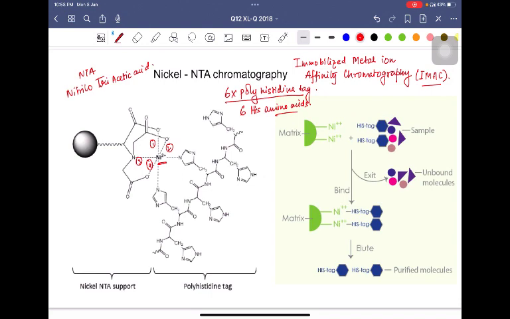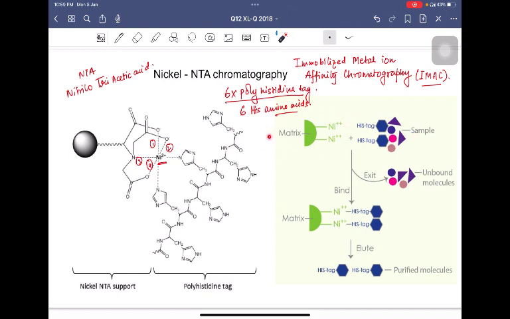Because of that, the protein will have consecutive six histidine amino acids either on its N-terminal or C-terminal. Because of that, the protein can bind to this nickel NTA matrix, and depending on that affinity, we can purify the protein.